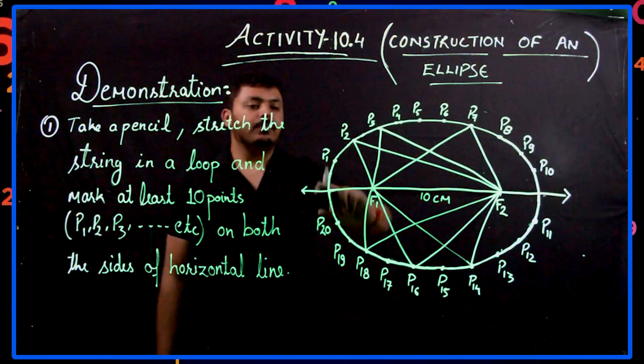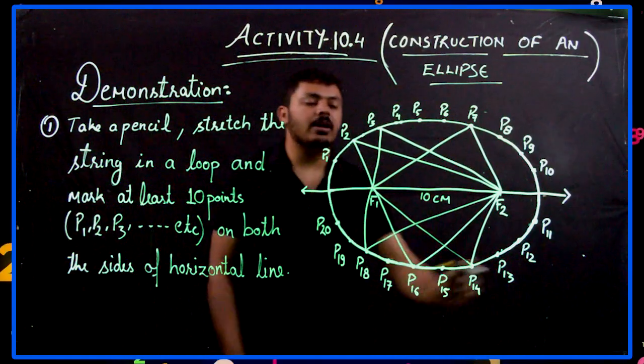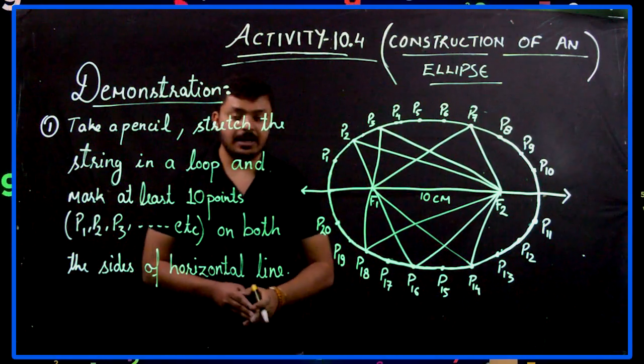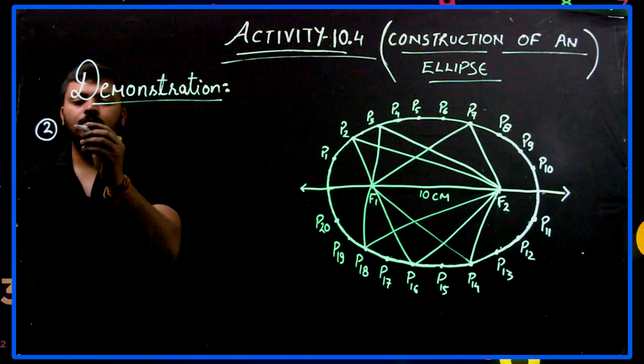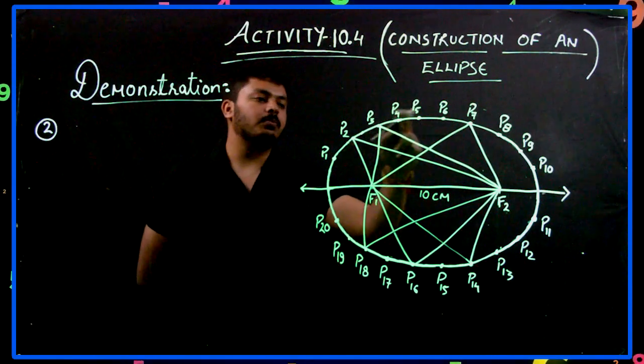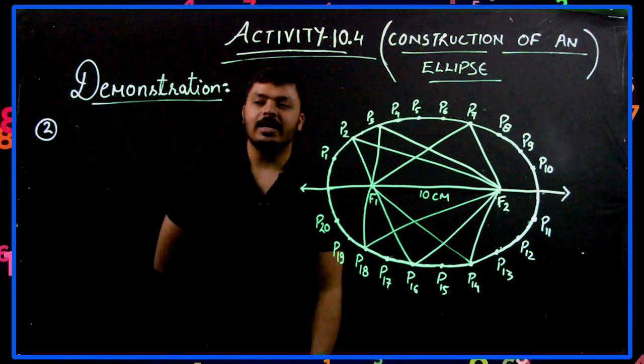So in this way, when we join the points P1 to P20 forming a curve, we get our figure that is an ellipse. So students, now join the points P1, P2, P3, P4 up to P20 to obtain a curve that is an ellipse.